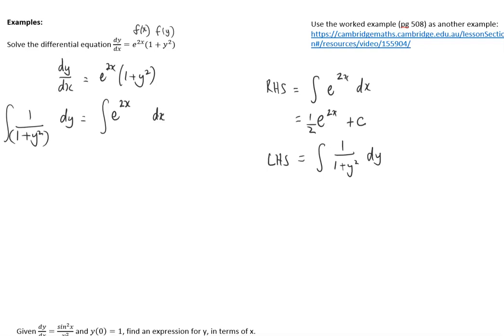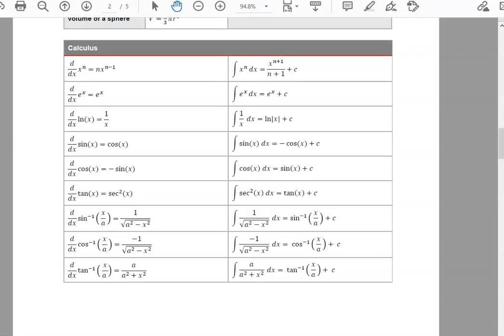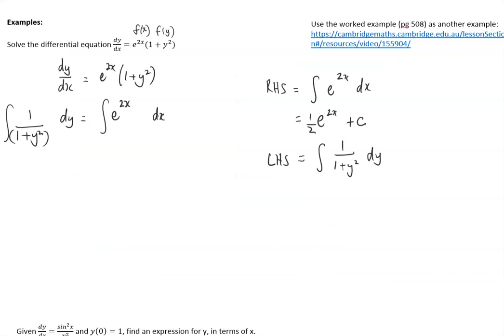And if we look at that, hopefully you will recognize one of our trig integrals on our formula sheet. There it is. So if we look here, we should recognize the integral towards the bottom here, a over a squared plus x squared. The integral of that is tan to the minus 1 of x on a. Well, in our example, we've got a equal to 1.